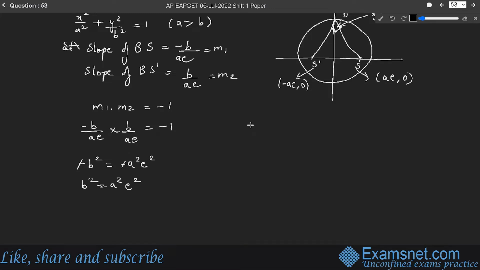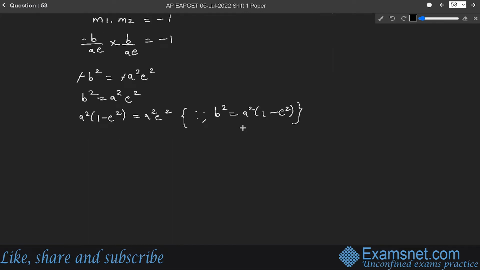It can also be written as a square into 1 minus e square is equal to a square into e square, since we know that b square is equal to a square into 1 minus e square. On further solving, it will be 1 minus e square is equal to e square. You can see that a square and a square will be cancelled.